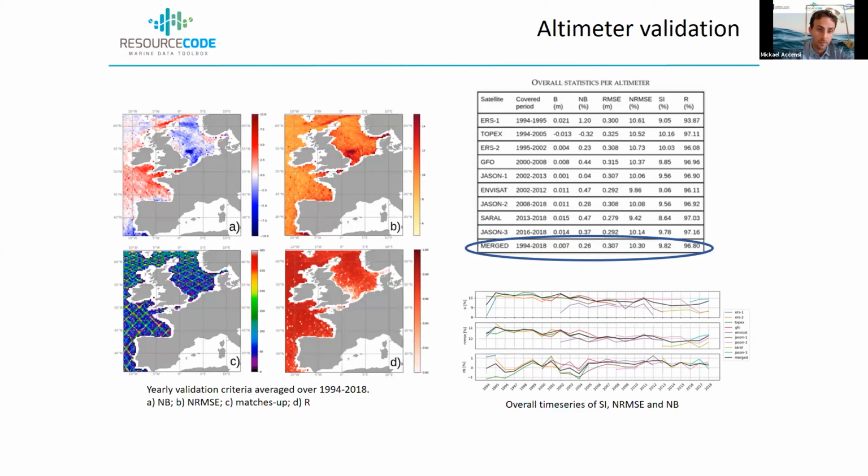And on figure C, you can see the amount of matchups, which varies due to the altimeter tracks. And so it varies between 50 and more than 200 measurements in average. And on the last figure, figure D, you have the correlation coefficient, and you can see that we have a really high correlation on the whole domain with really homogeneous values.